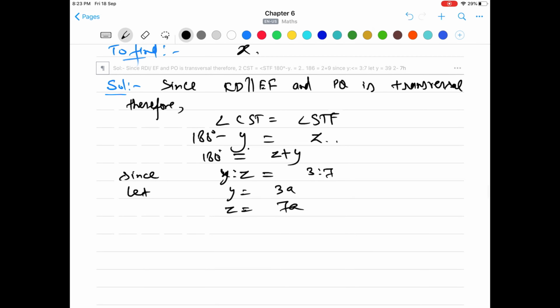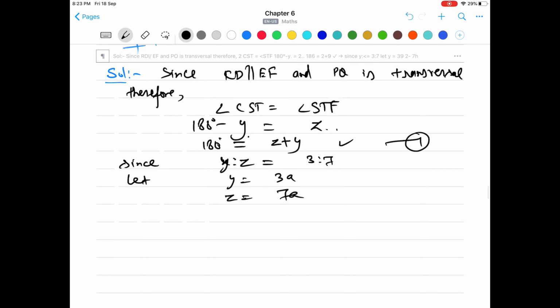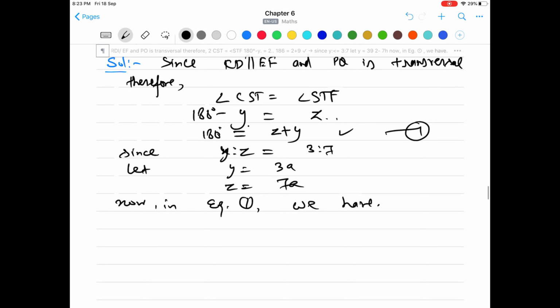Okay, then putting this value in this equation, let's name it equation 1. Now in equation 1, let's use these values.